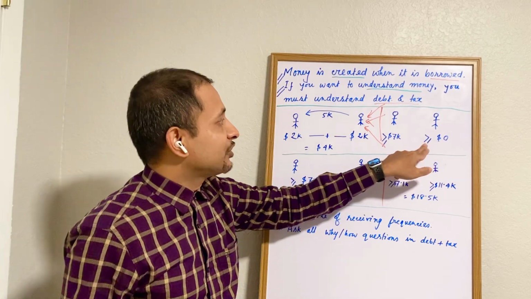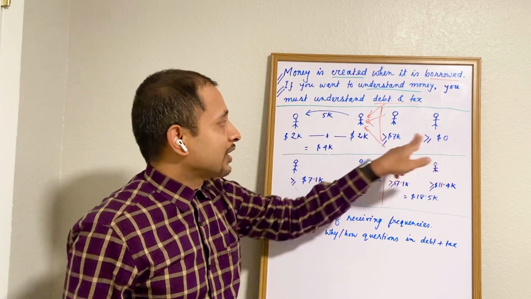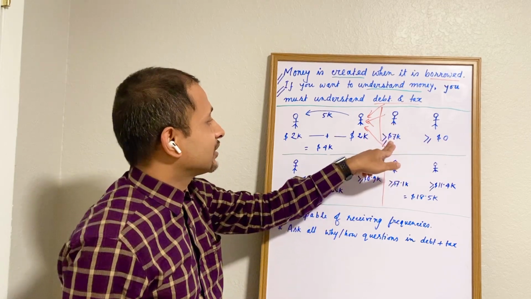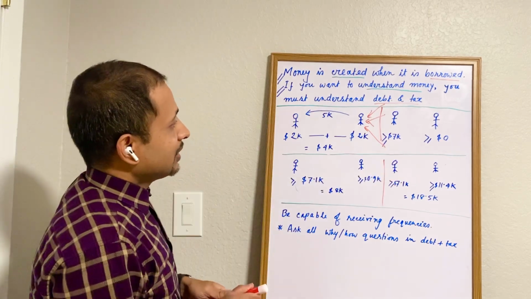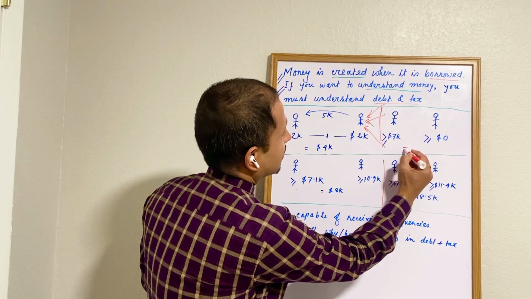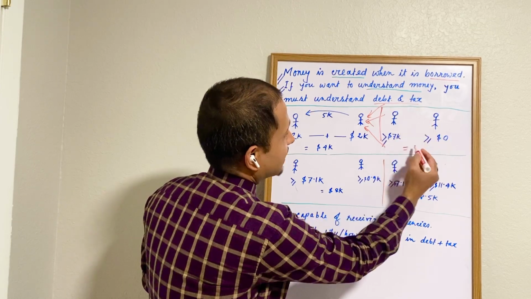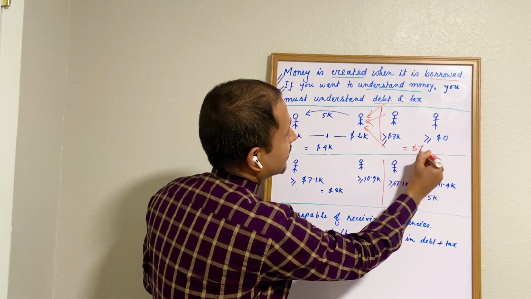That's why I said over here he has greater than or equal to $0, and this guy has greater than or equal to $7,000. If you see the total amount over here, the city now has $7,000.